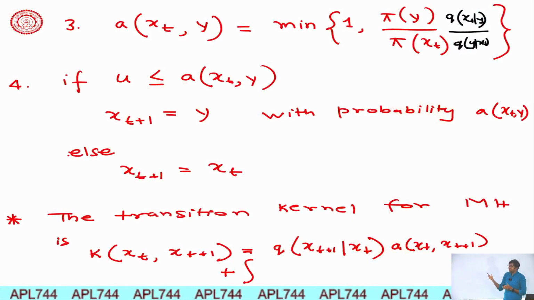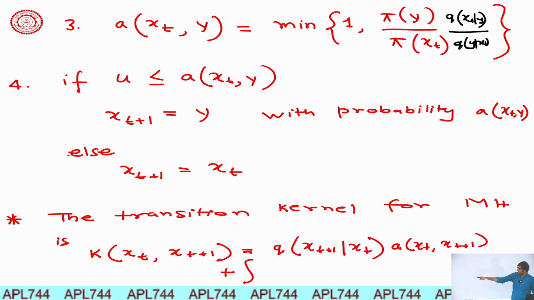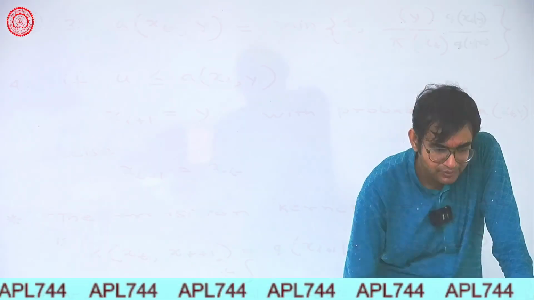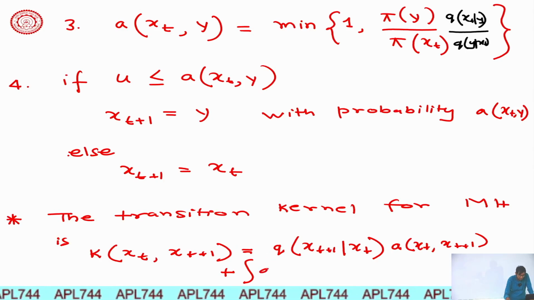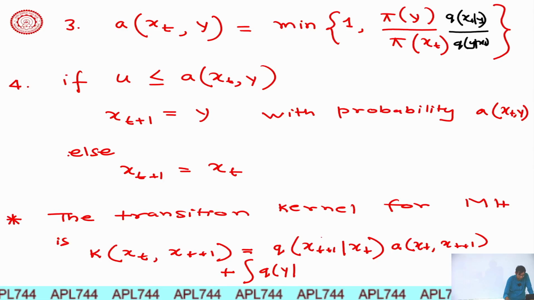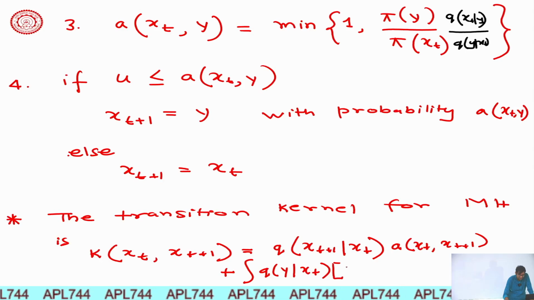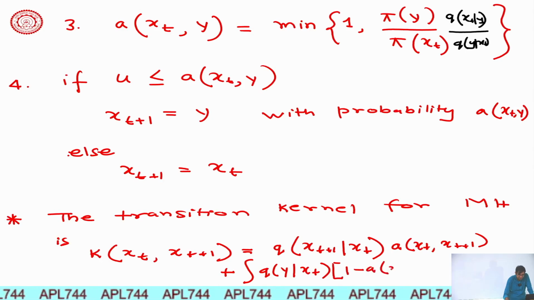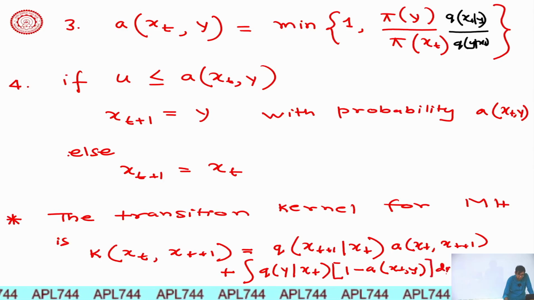That can happen for multiple y's. So that's why the integral sign. What you will do is integrate: you will draw a y from q of y given xt, and then reject it with probability r of xt comma y, and this is for all possible y.